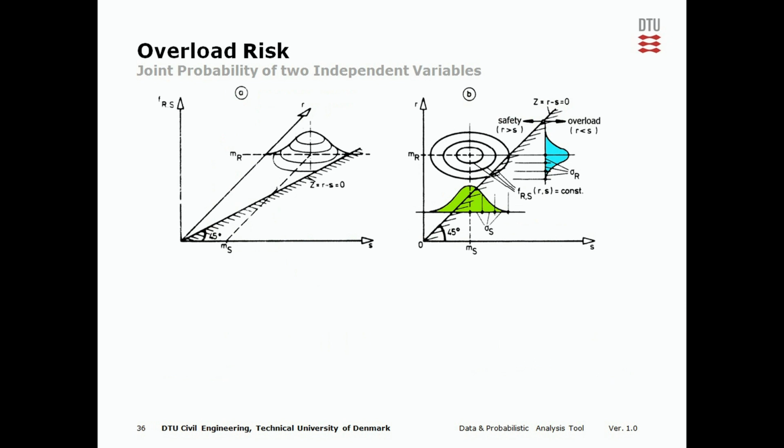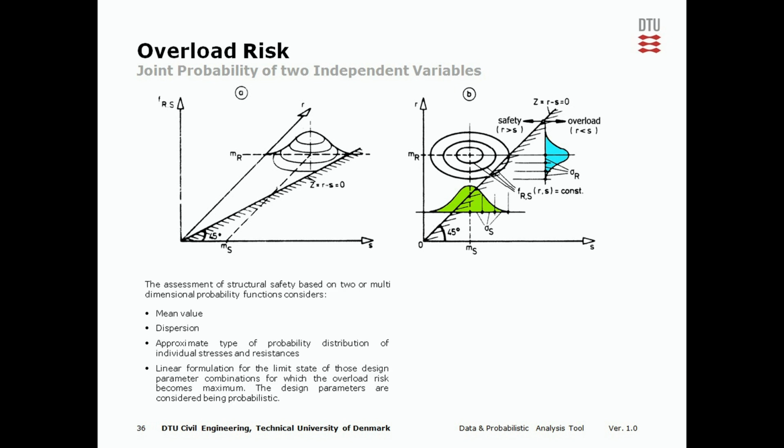So how can we calculate the joint probability of these two stochastic variables? Well, we said that each variable is now described by the mean value, by the dispersion, and by the probability distribution function, and so on and so forth. Furthermore, we said that both are independent of each other.